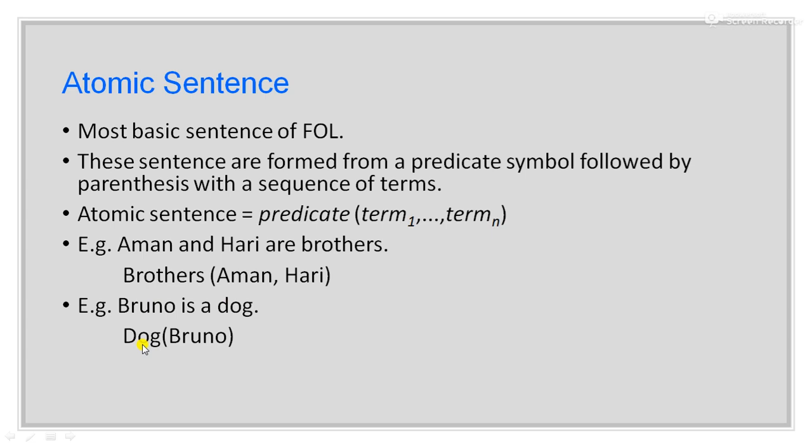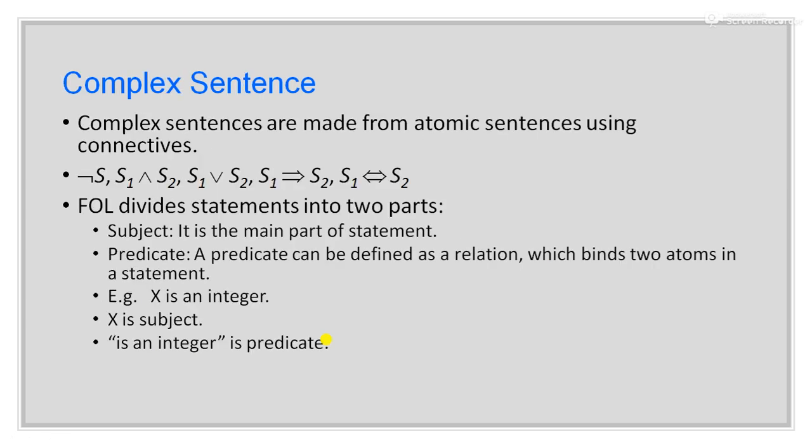Now complex sentences. Complex sentences are made from atomic sentences using logical connectives. That means if you combine two or more atomic sentences using logical connectives, it becomes a complex sentence.